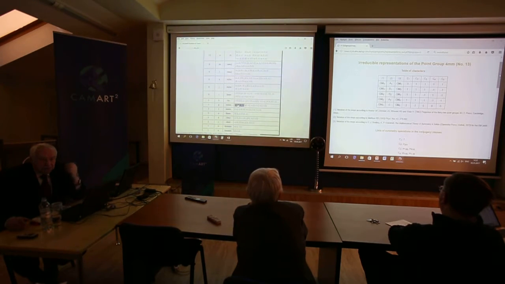And from group theory, both for space groups and point groups, there are tables of irreducible representations. Very simple things are used for their relation. Of course, I will not prove it. It's known from books on group theory.